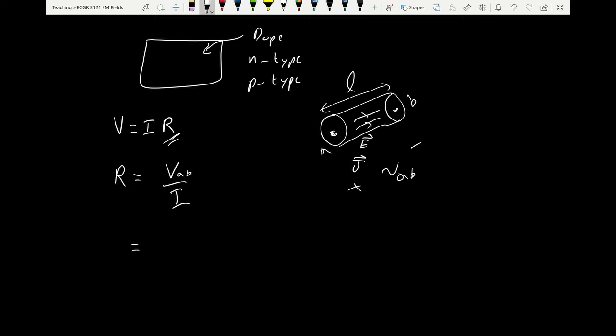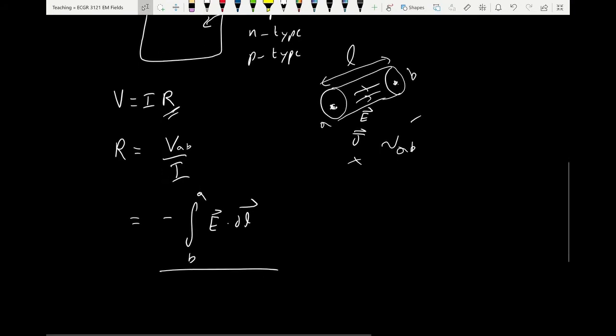So what would VAB be? The voltage difference between A and B is the voltage that we get if we take a test charge and move it from point B to point A, right? So VAB is essentially minus the integral from B to A of E dot dl, divided by the current.